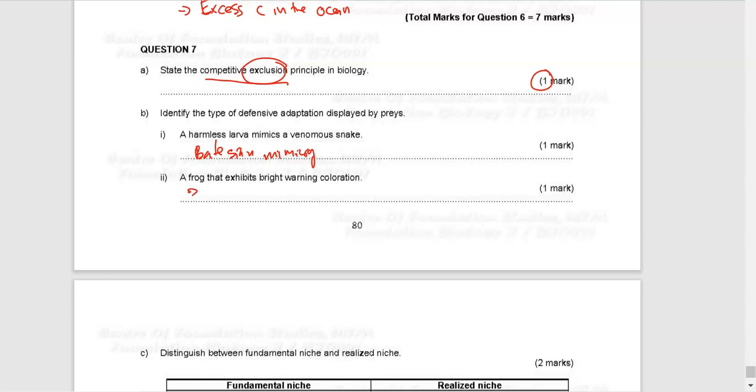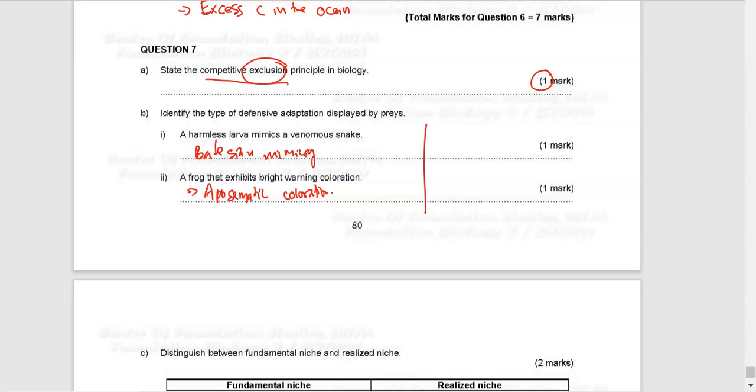Okay, question number 2. A frog that exhibits bright warning coloration. Bright warning coloration is aposematic coloration. Among other forms of defensive adaptation by prey, you have Mullerian mimicry.